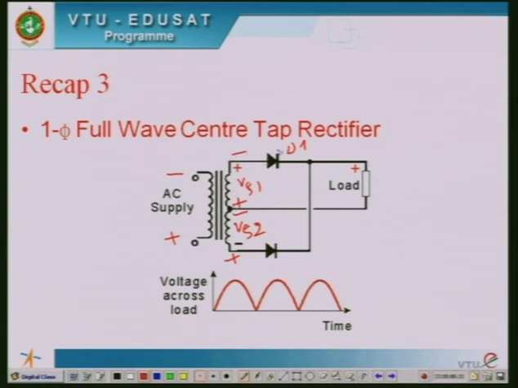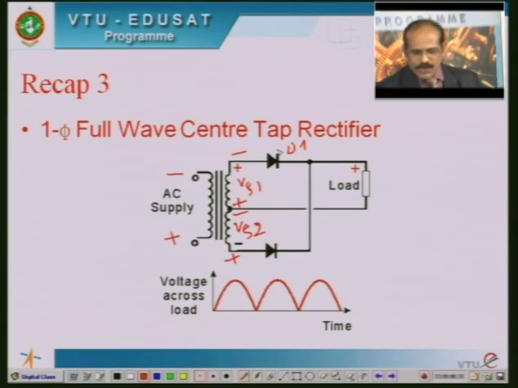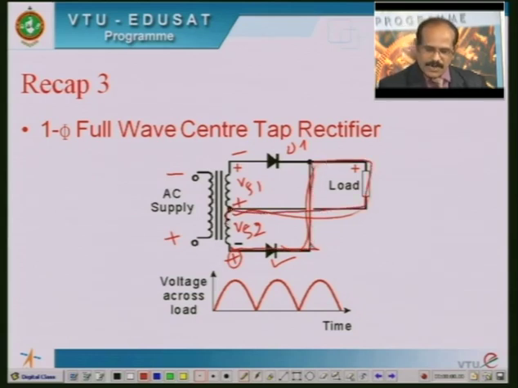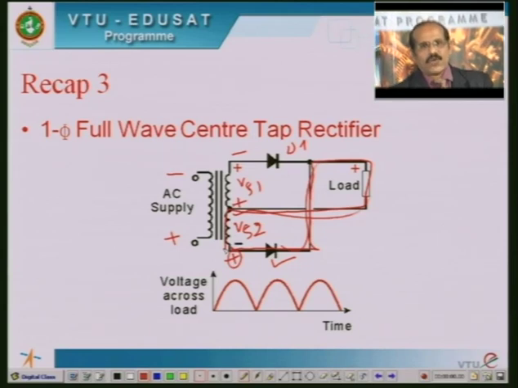So the diode D1 acts as an open switch, whereas diode D2 is forward biased, because the anode of the diode is at positive potential with reference to the cathode here, and therefore this diode acts like a closed switch. So how does the current flow now? When diode D2 conducts, it flows from this terminal through the diode and through the load and back.